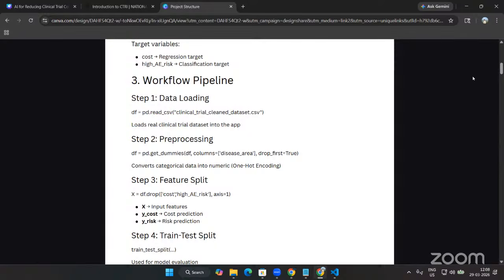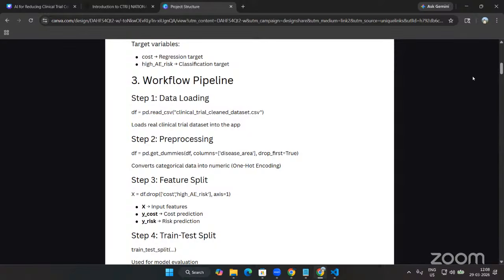Once you have the data ready, the next point is you need to load the data. Loading the data means the model is going to read the data, learn from the data, and then make the prediction. So this is how it is going to happen.